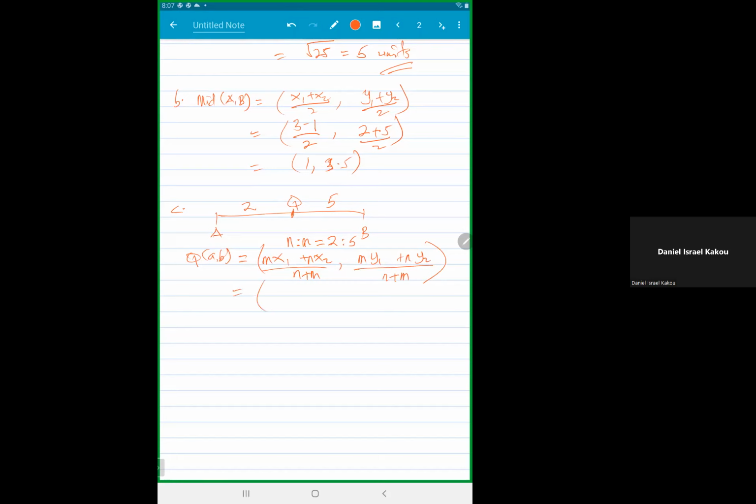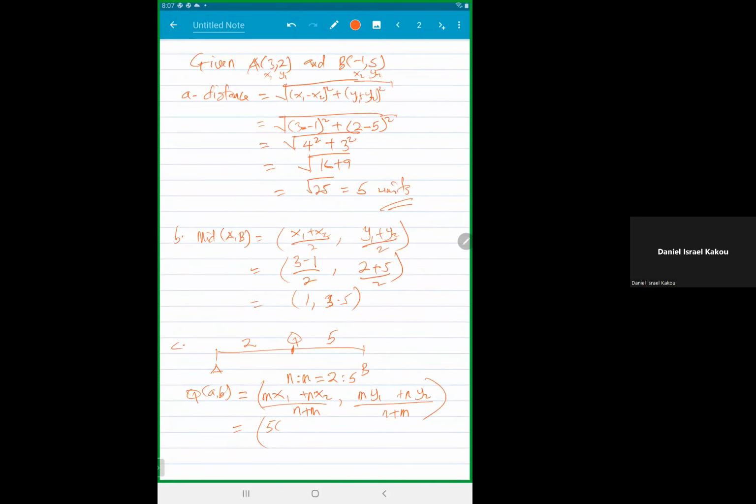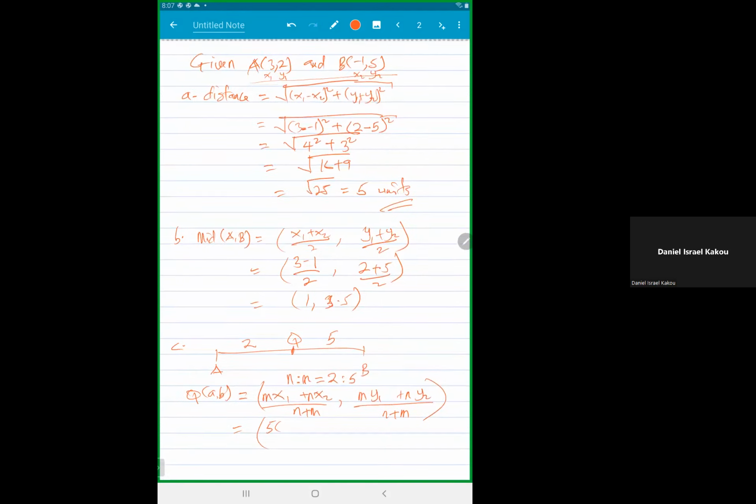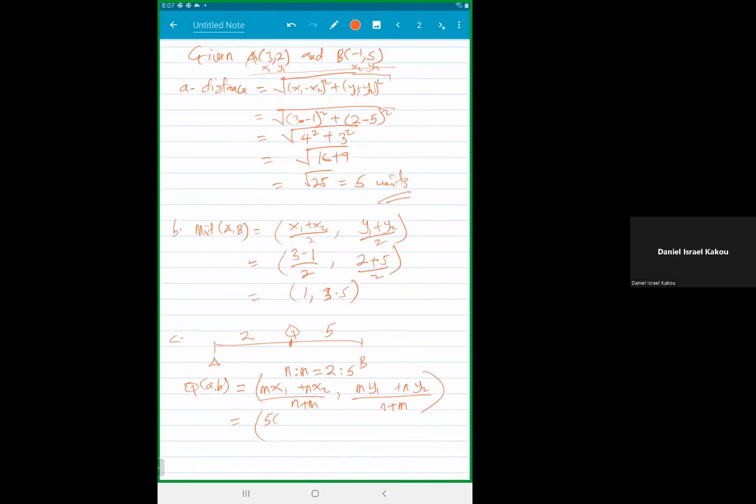So all I'm doing is what? Substitution. M is 5. Remember we had S1 and S2 here, right? So that is 3:2, right? That is 3:2. So I have S1 to be 3 and N to be 2, S2 to be -1 divided by 2 plus 5.